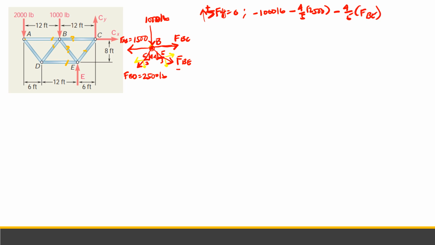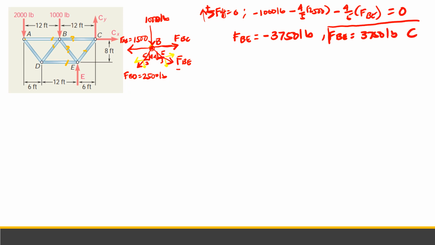Yun lang yung mga Y forces na involved, so that is equal to 0. Solving for FBE, FBE will be equal to negative 3,750 pounds. So negative sign means our assumption na tension yung BE ay mali, so that is in compression. Therefore, FBE is 3,750 pounds, which is in compression.